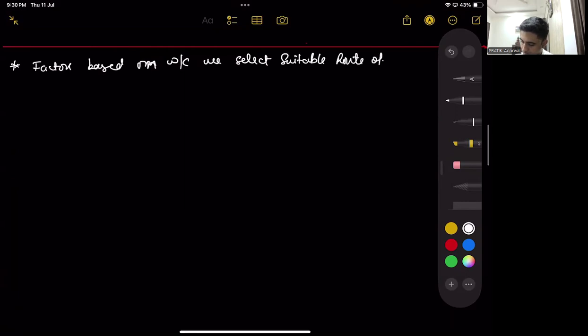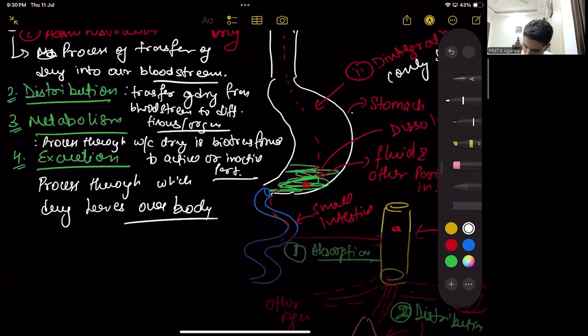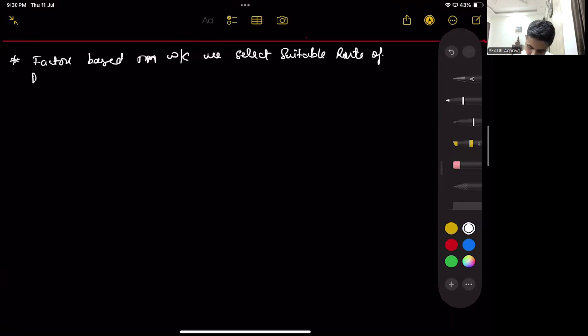But this time we are going to learn about the factors based on which we select a suitable route of drug administration.